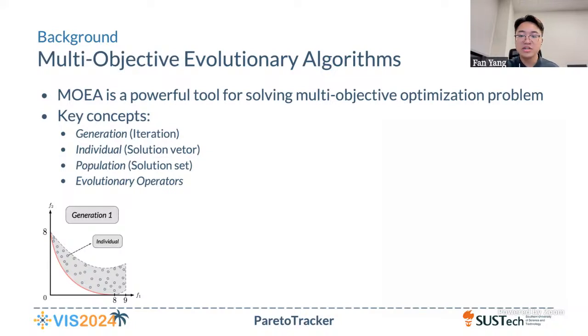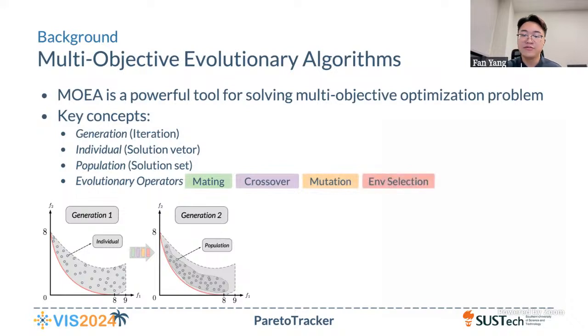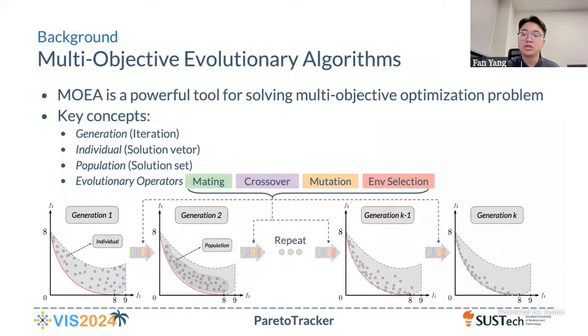The population is a set of individuals in a single generation. The evolutionary operators such as mating, crossover, and environmental selection are techniques that are used to create new individuals and select the best solutions for the next generation. Starting from randomly generated individuals, the corresponding solution sets in the objective space keep getting closer to the Pareto front through generations.